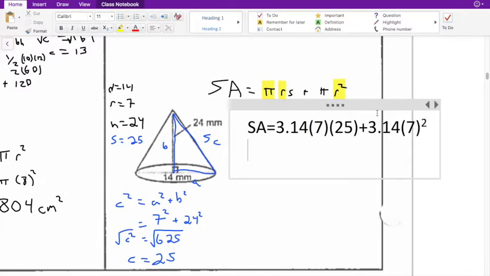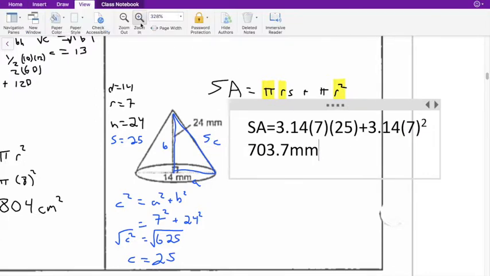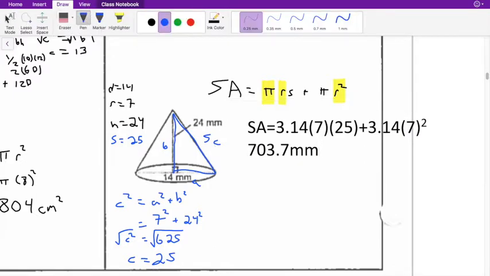So I know that my surface area altogether, if I run those numbers, is going to be 703.7 millimeters squared. And let's get lazy with this one and just write it in there. Surface area equals. There we go.